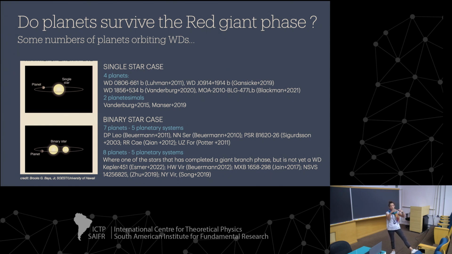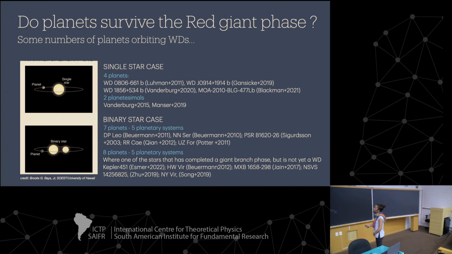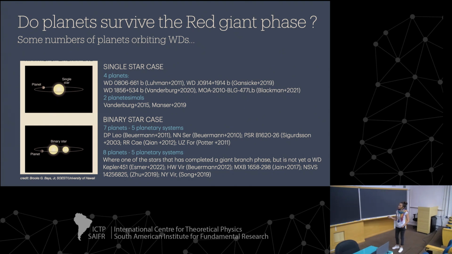They're rocky bodies that are not really planets, something destroyed that is orbiting the white dwarf periodically. But in the binary star case, we have 5 planetary systems with a total of 7 planets. And then we have 5 planetary systems with 8 planets where the star is not yet a white dwarf, but has completed the giant branch phase.